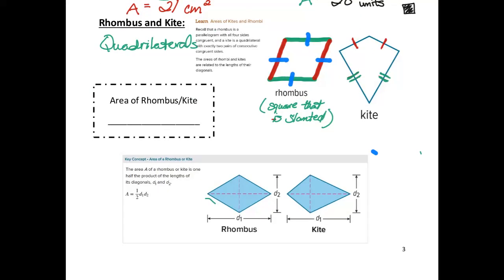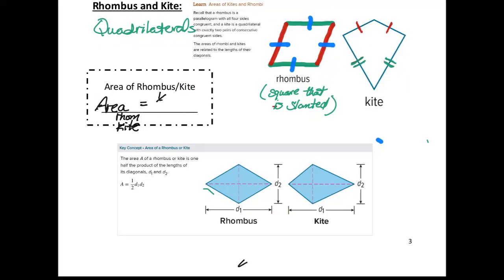And that is, area of a rhombus or kite is equal to 1/2 d sub 1 times d sub 2.